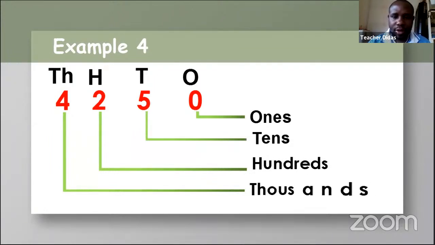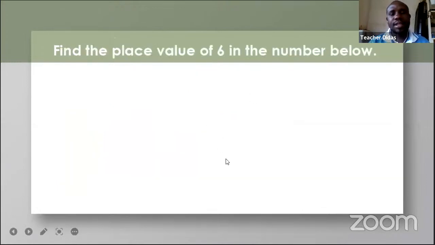Okay, class, there is something I want to talk about. They can bring a question like that. They say, find the place value of 6 in the number below. Therefore, they can give you a number.